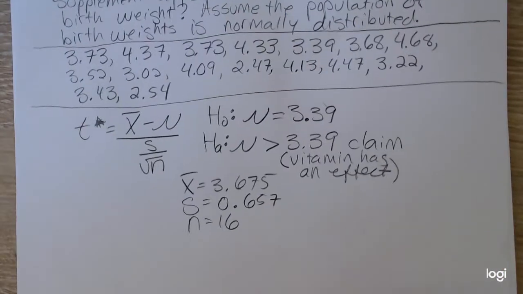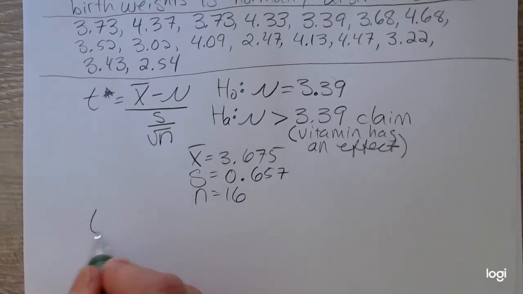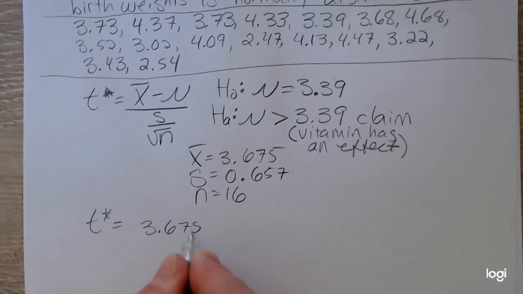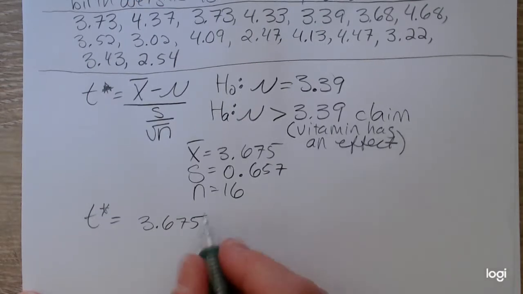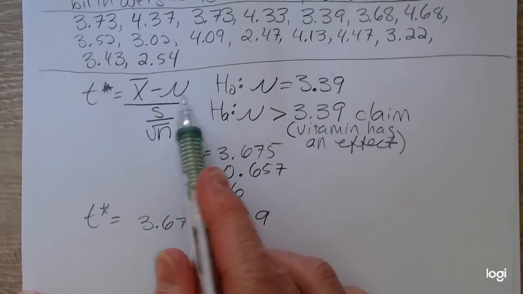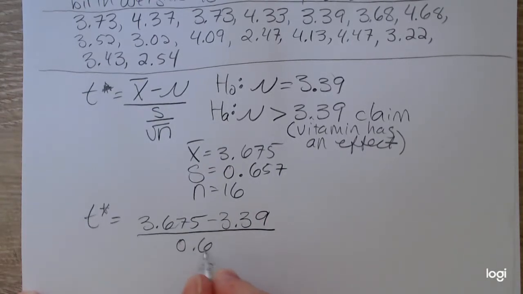Plugging into that test statistic formula, my test statistic will be 3.675 minus 3.39, that's the claimed value, over our sample standard deviation over the square root of our sample size.